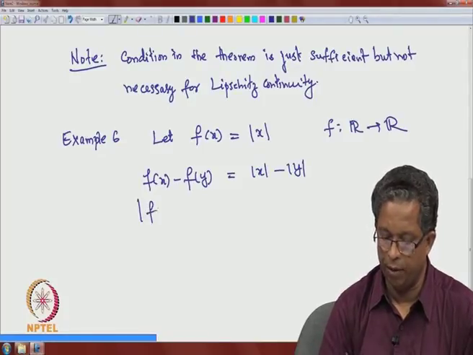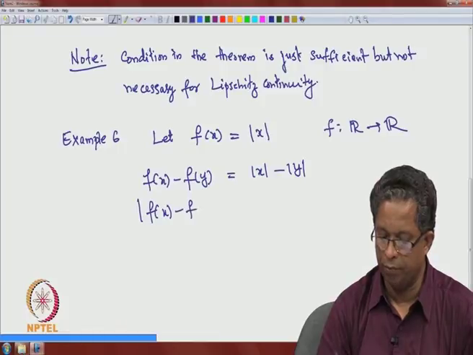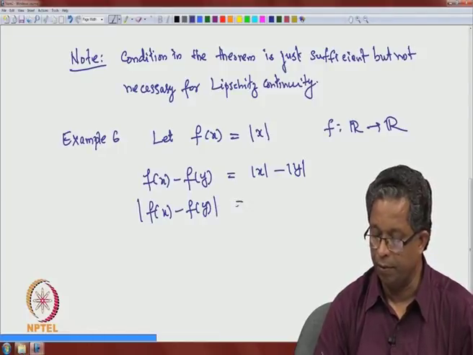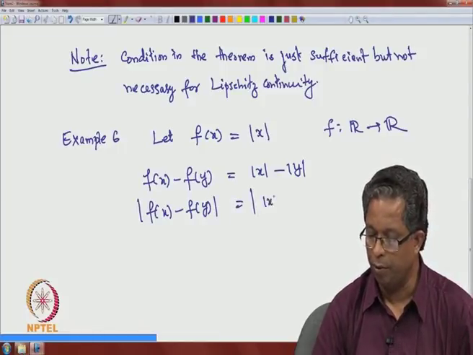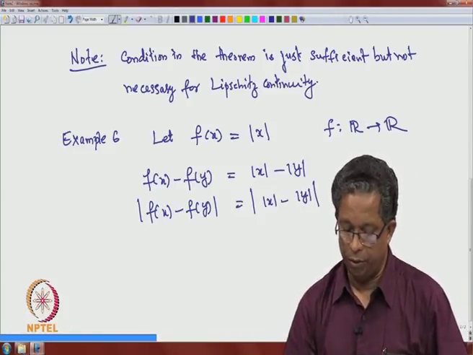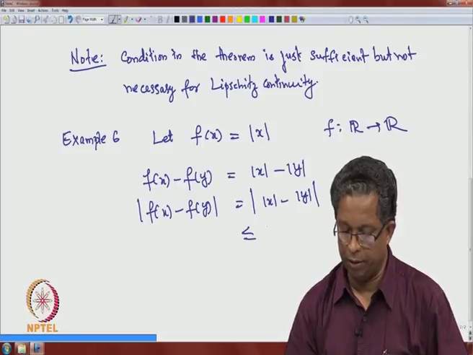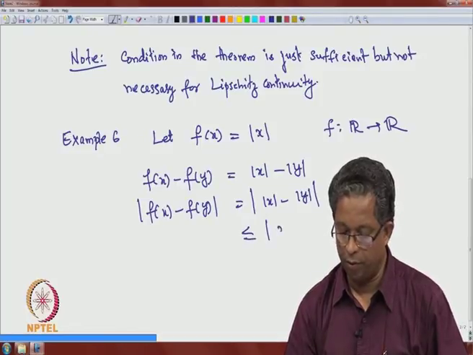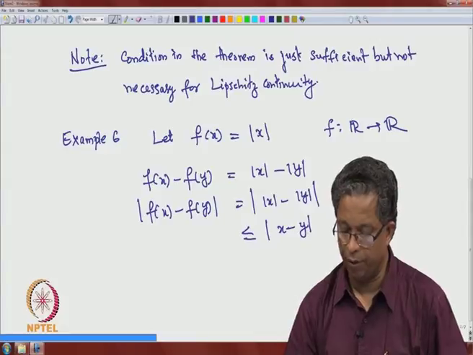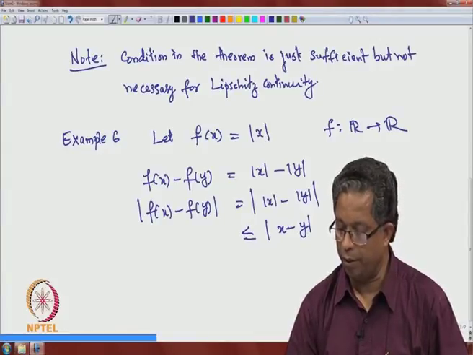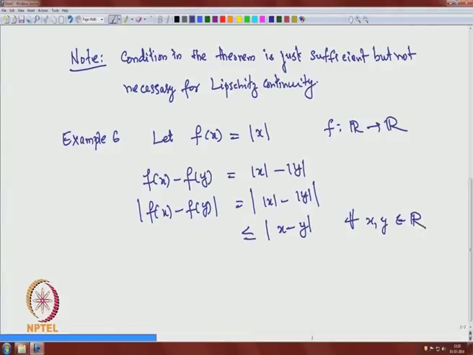If we take the absolute value of f(x) minus f(y), which is the absolute value of mod x minus mod y, it can be shown easily that this is less than or equal to the absolute value of x minus y for all x, y in R. So, what does it say?